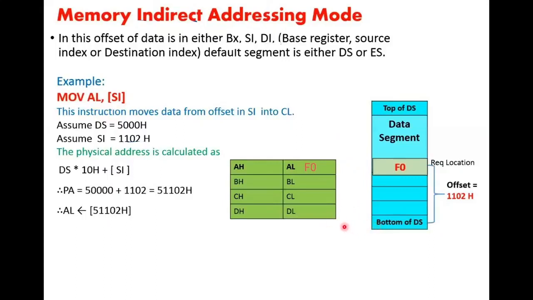It starts from 50000, and your required location is here, which is actually 51102. What 8-bit data do I have in this location? F0. That F0 I am going to transfer to AL, so F0 is now stored in AL. I hope you understand what indirect addressing mode is.